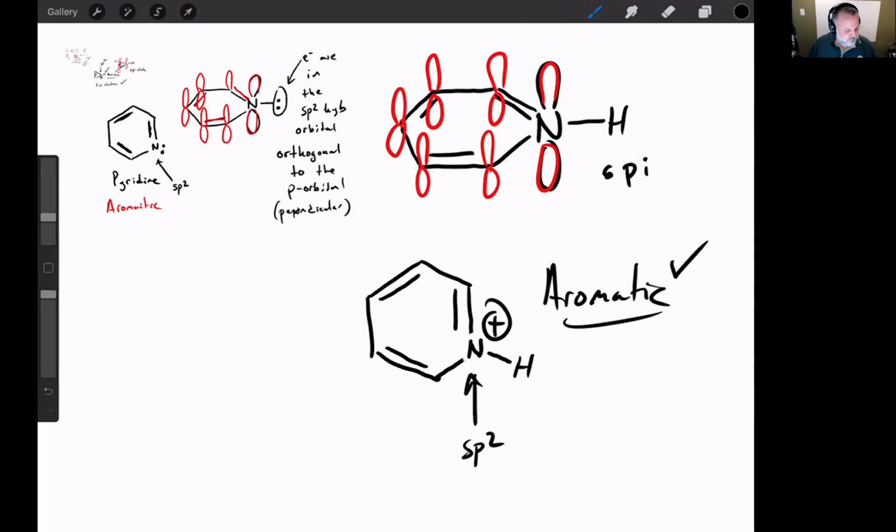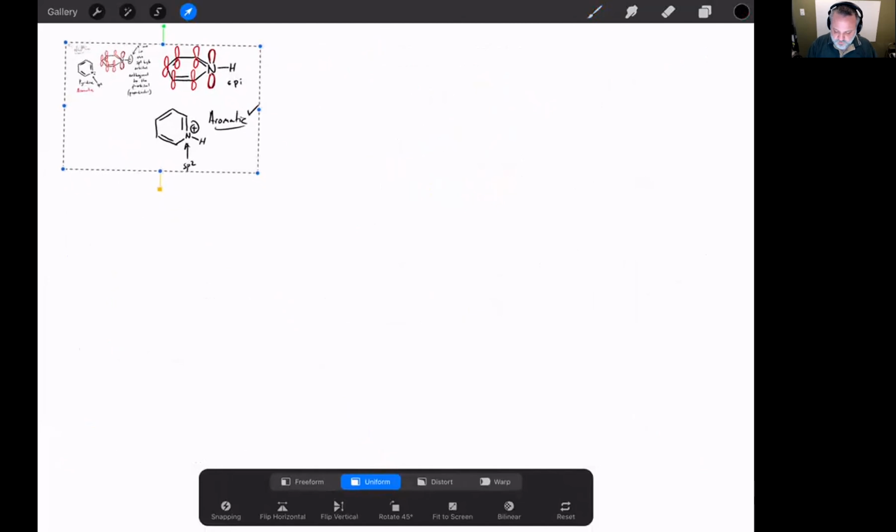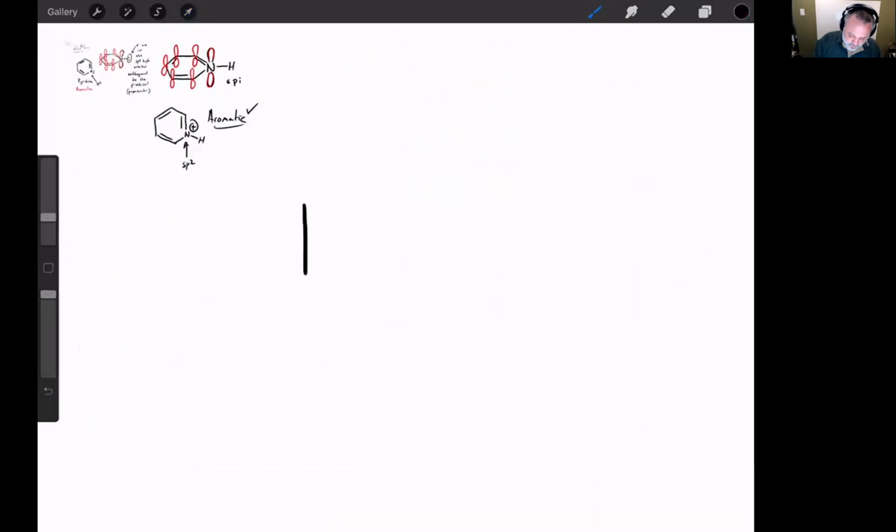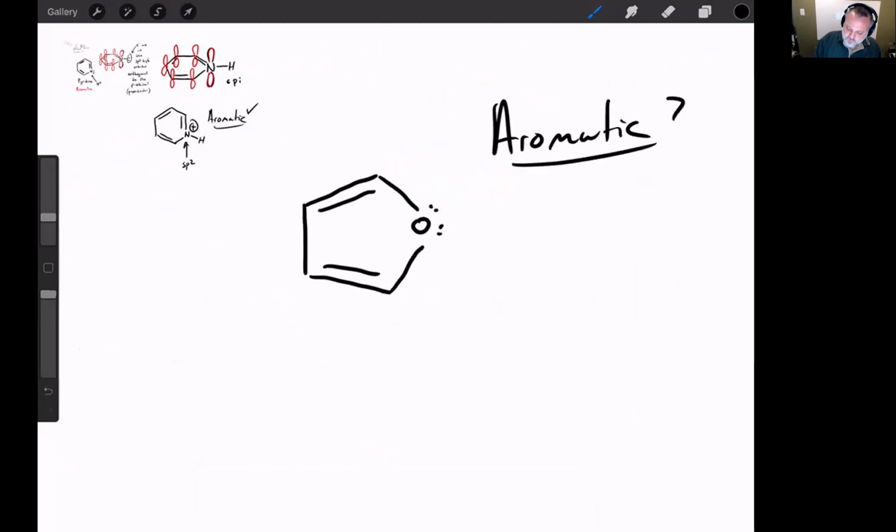And so I'm going to do one more example because I want to show you another case that you might want to consider whether or not it's aromatic. What about this guy? Is this aromatic? Well, remember, at first glance, you're saying this is sp3 hybridized, which means that the oxygen has 2 lone pairs in sp3 hybridized orbitals.